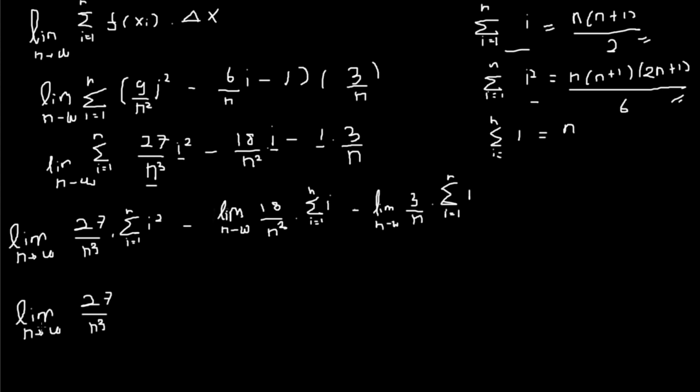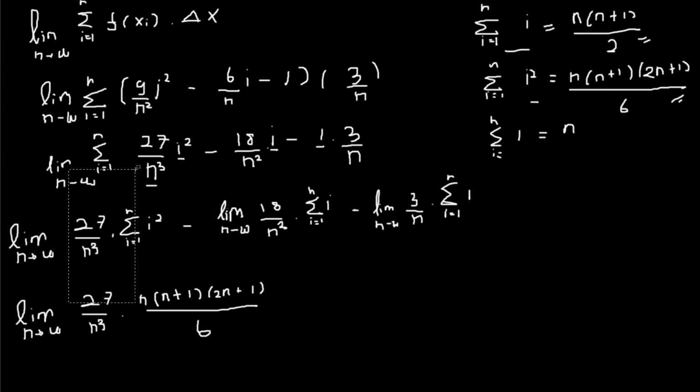So we have limit n to infinity of 27 per n cubed. So we're going to replace sigma i squared with this equation right here. It's going to be quite long in actuality. n plus 1 per 6.